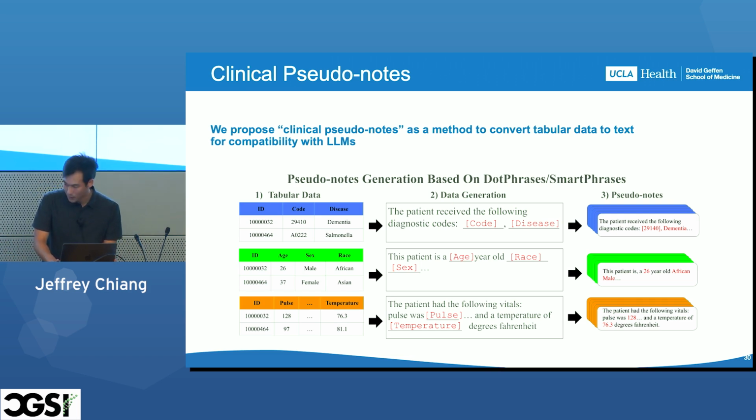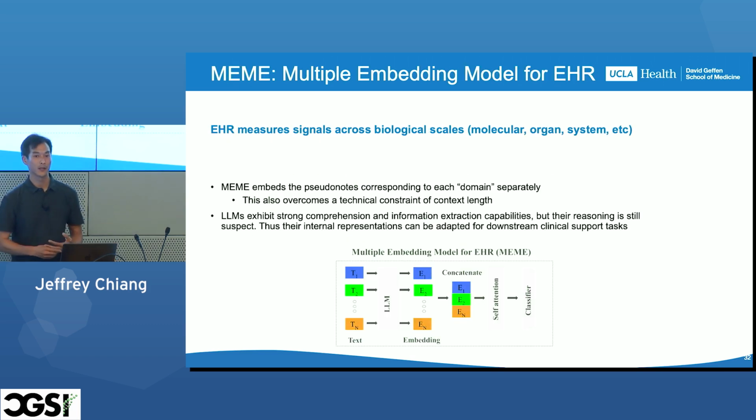I'm running a little bit out of time, so I'll gloss through the next few details. Another observation we made on the electronic health record data is that the EHR measures signals across multiple biological scales, and it may not make sense to represent all of these within the same space.